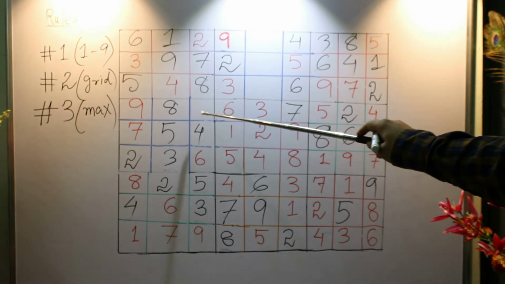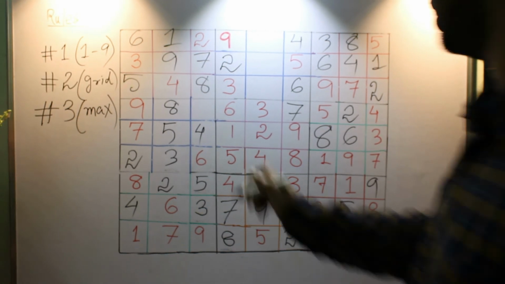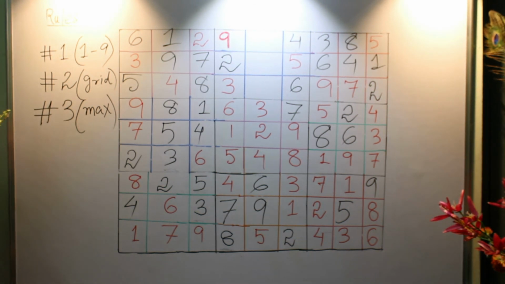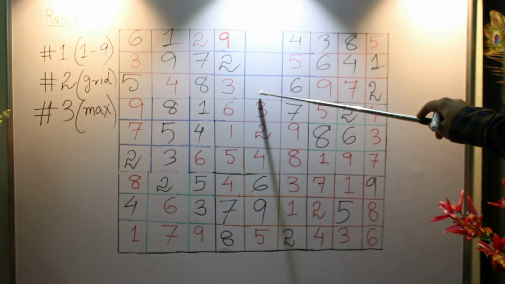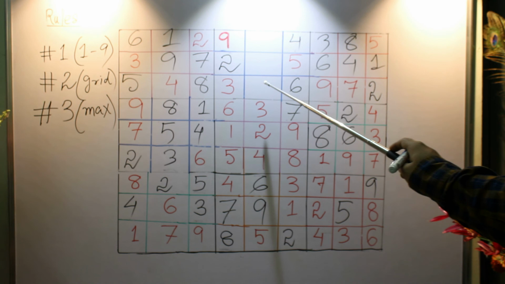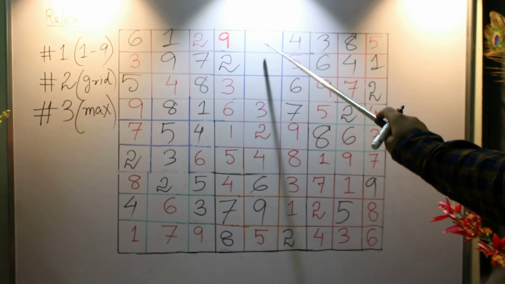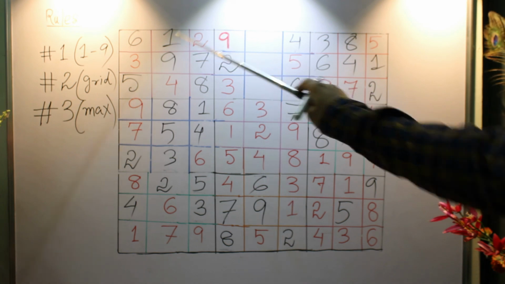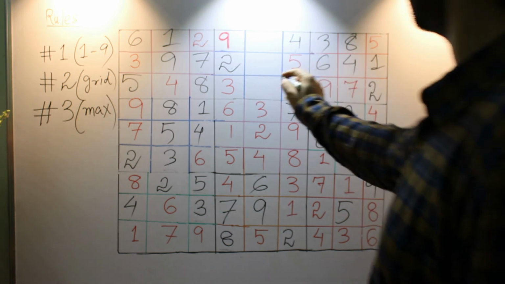So for this grid, which number is left? 1. Right? Okay. Now check with this grid. Which number is missing? 1. 1 we cannot place anywhere in these two places because of this 1 and this 1. Now 1 has to be here.